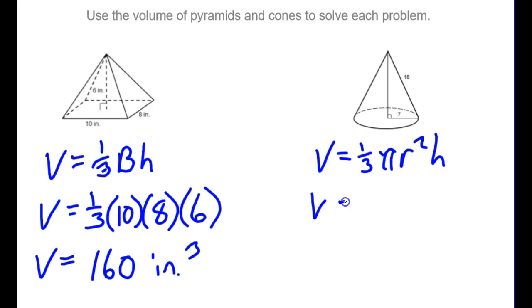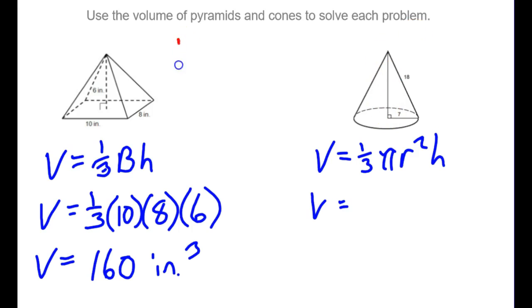Fill in the information we know. The radius is 7. We do not know what the height is right now, but we can use the Pythagorean theorem in order to solve for that, because all this is a right triangle. We have the hypotenuse, which is 18, and a leg, which is 7. We need to solve for this other leg to find the height.